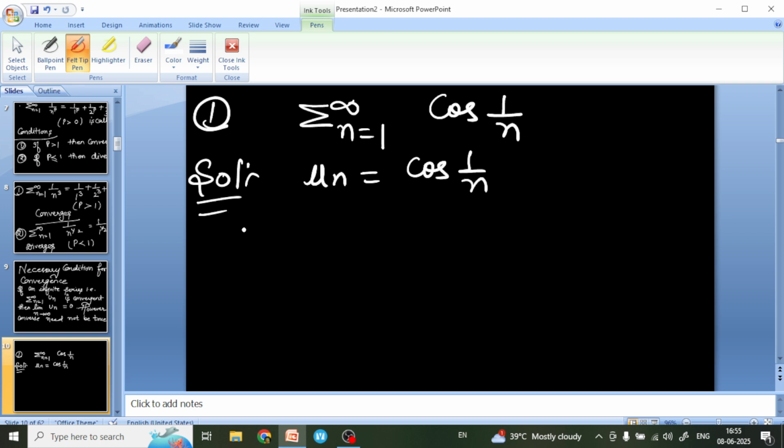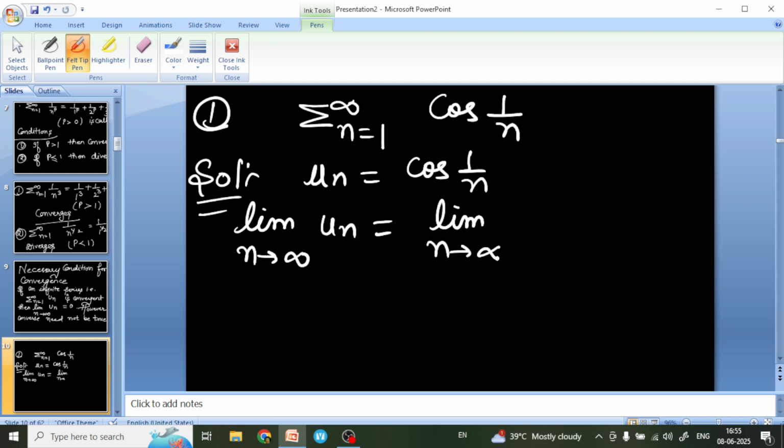After that, taking limit on both sides, limit n tends to infinity u_n equals limit n tends to infinity cos 1 by n.